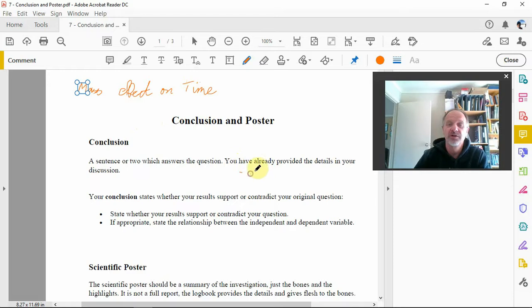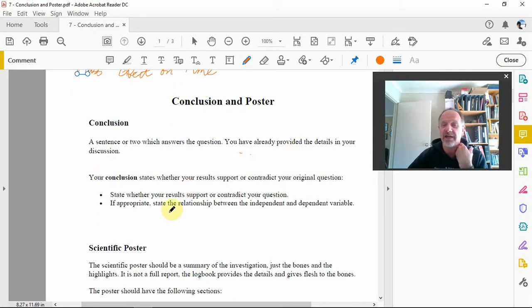As it says here in the second one, you've already provided details in your discussion. So all the details of the answer, yes or no, were previously done in the discussion. That's where you referred to your graphs and what your graphs showed you, etc. So your conclusion states whether the results support or contradict the effect of mass on time, yes or no. And then if you can, state the relationship between the independent and the dependent variable.